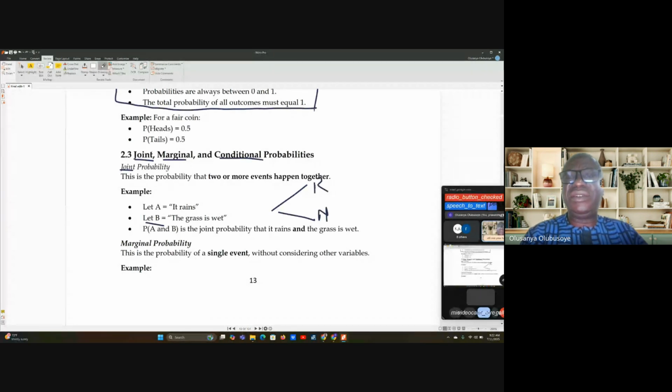These are 2 possible situations when it comes to the rain. If it rains, then the grass could be wet or not wet.